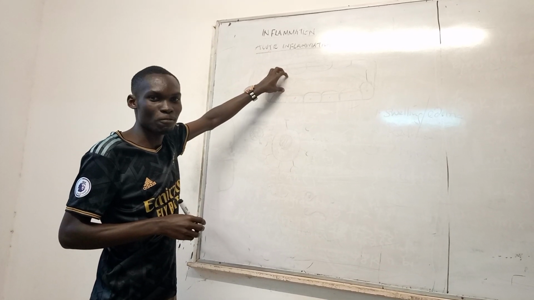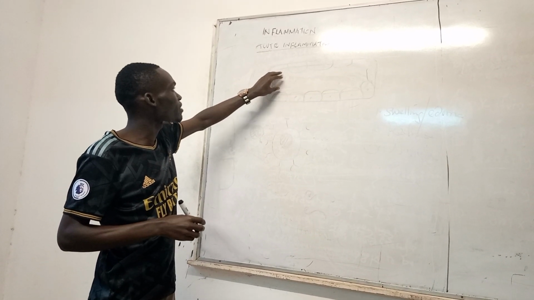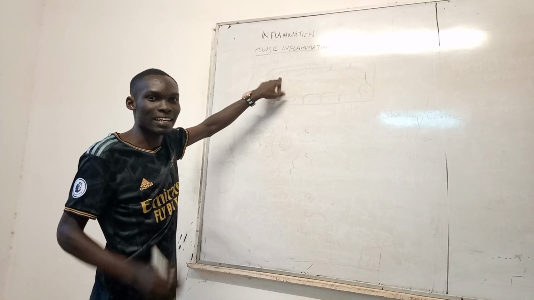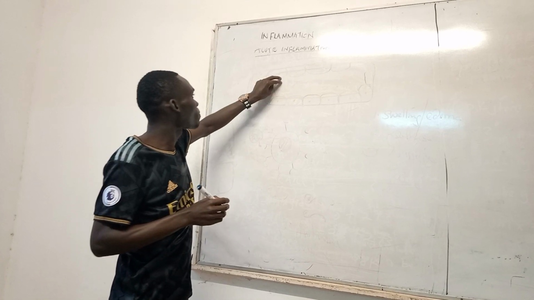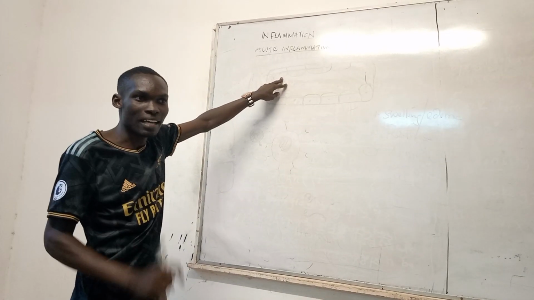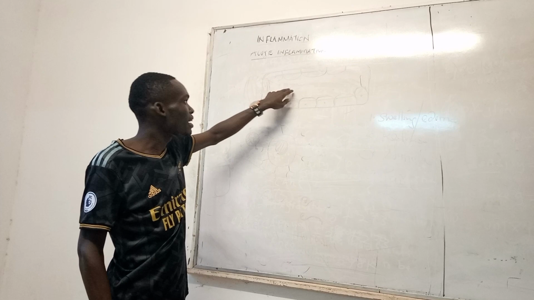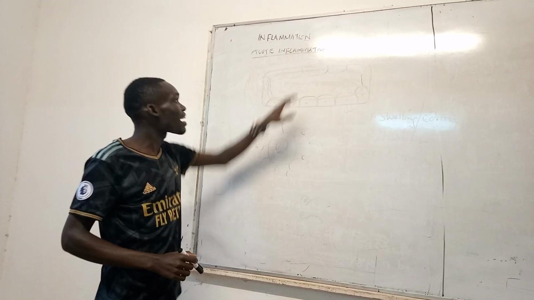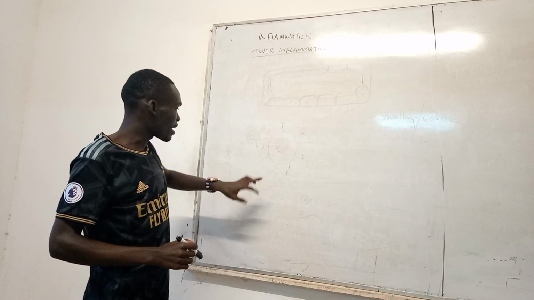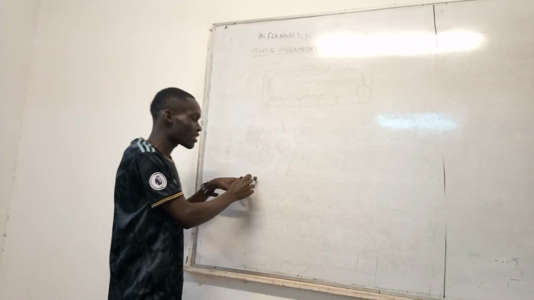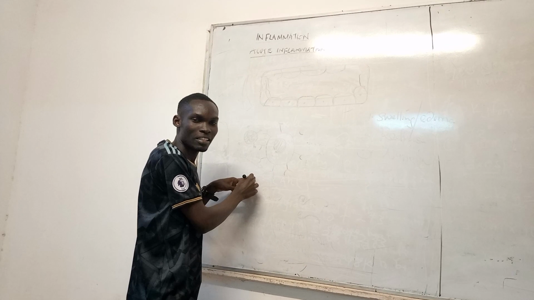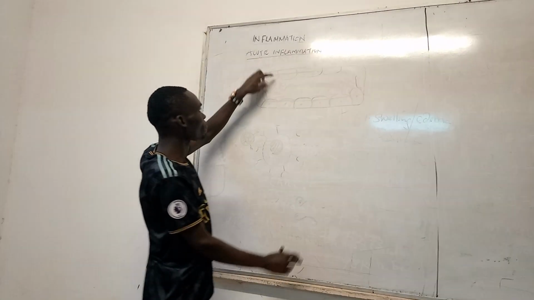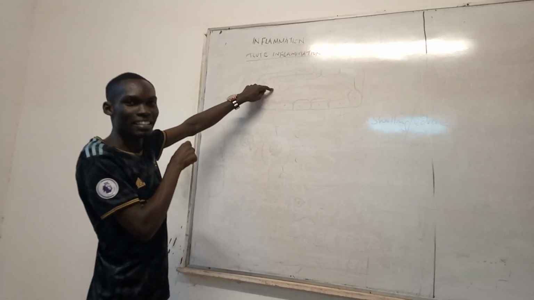So factor 12 activates prekallikrein, and then prekallikrein gets activated to kallikrein. Guess what kallikrein does? Kallikrein activates kininogen to bradykinin.